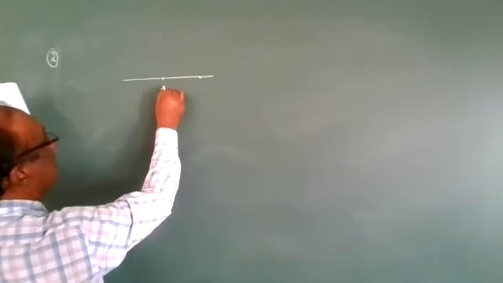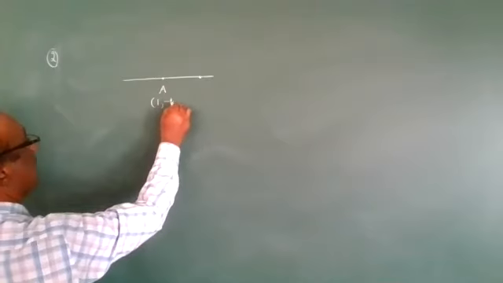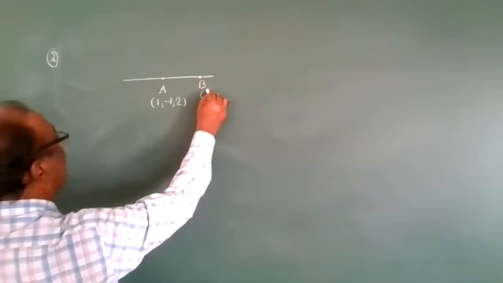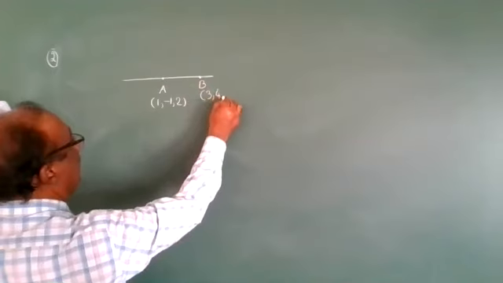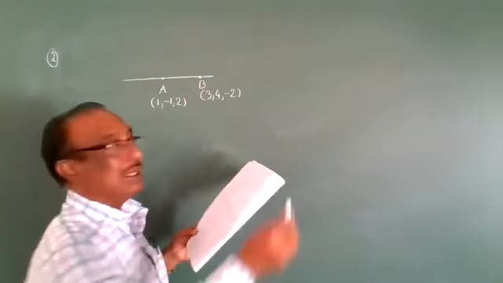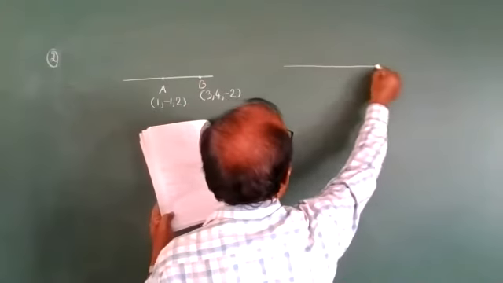What are the points A and B? A is 1, minus 1, 2, and B is 3, 4, minus 2. Another line is given, the PQ line.